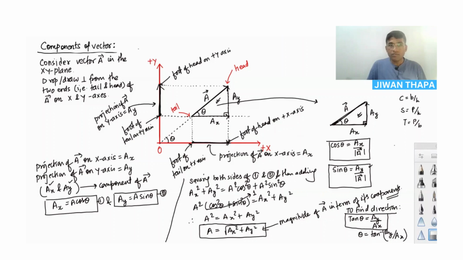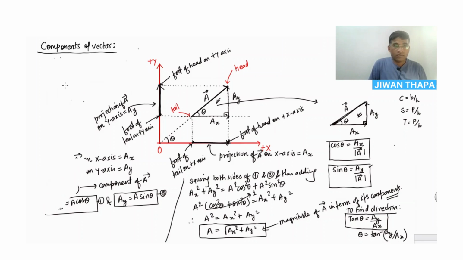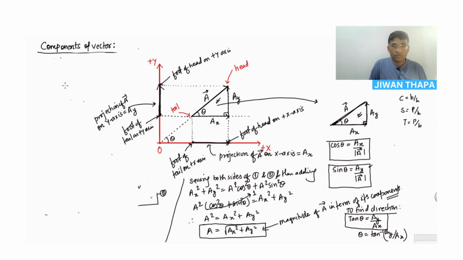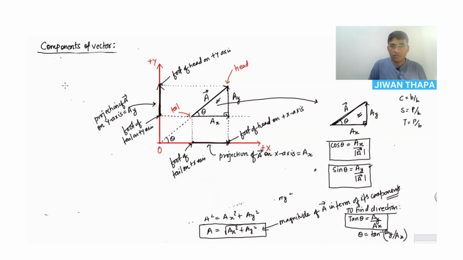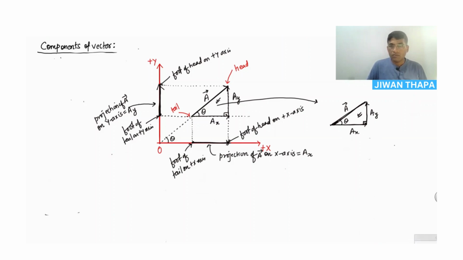Now, if theta is 0 degrees, then what happens?